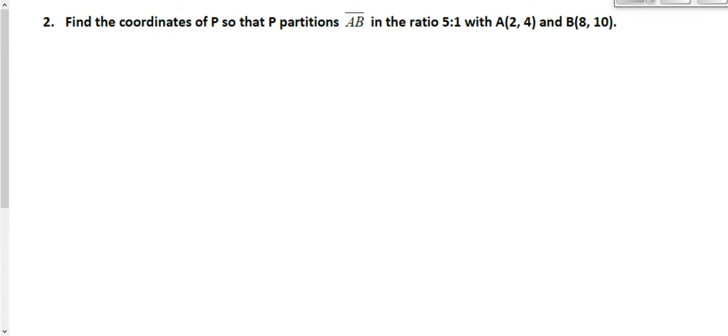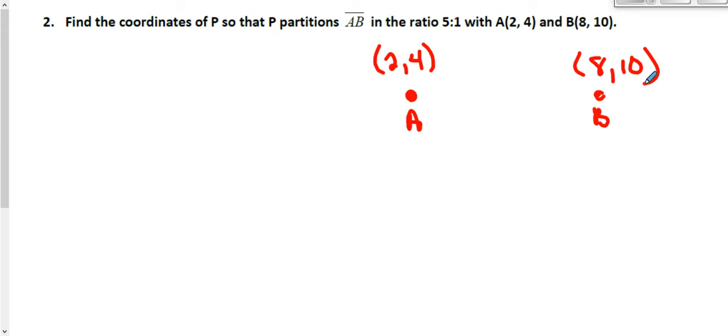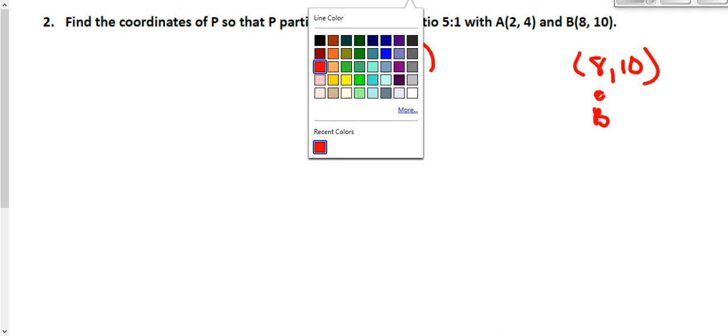If I call A this dot right here and say it's at the point 2, 4, I don't actually have to draw it on a graph. And then B, we're going to call it this dot over here, and we're going to say that that's the point 8, 10. And I'm going to connect these with a segment, just like before. So let's go ahead and get this, make it red like my ink.